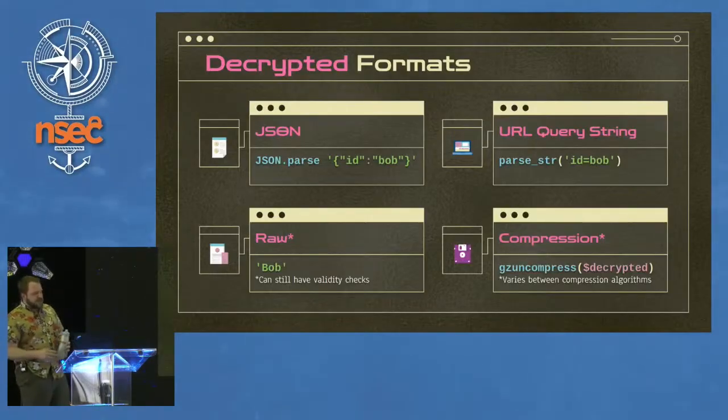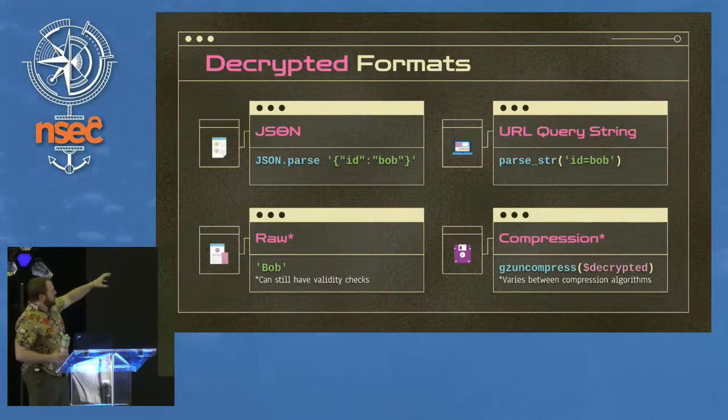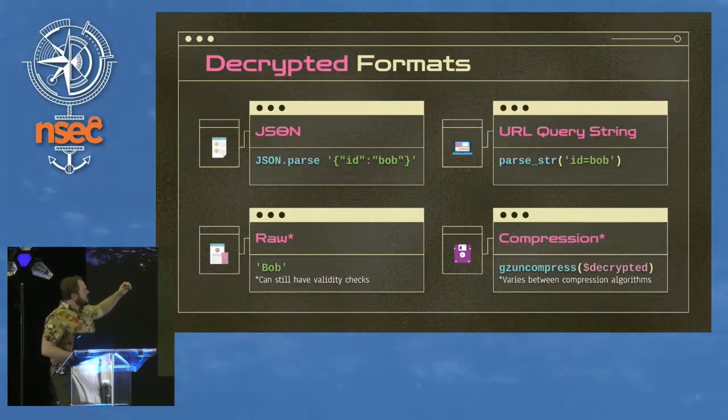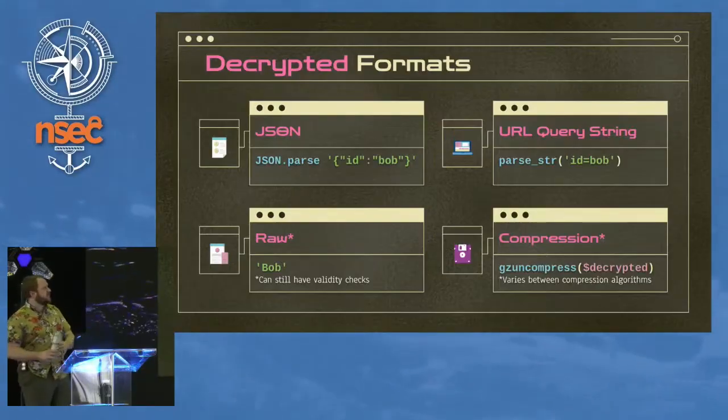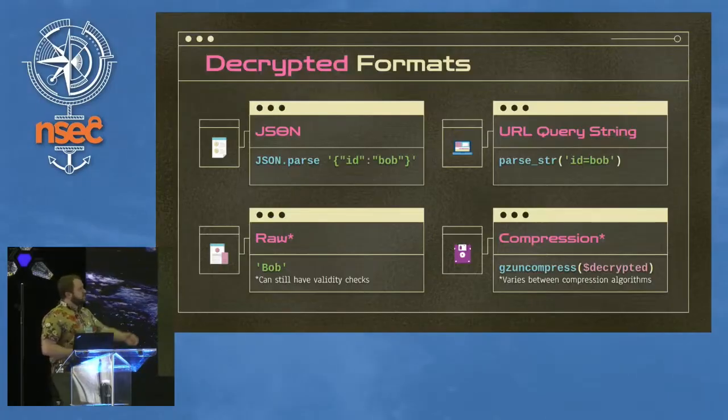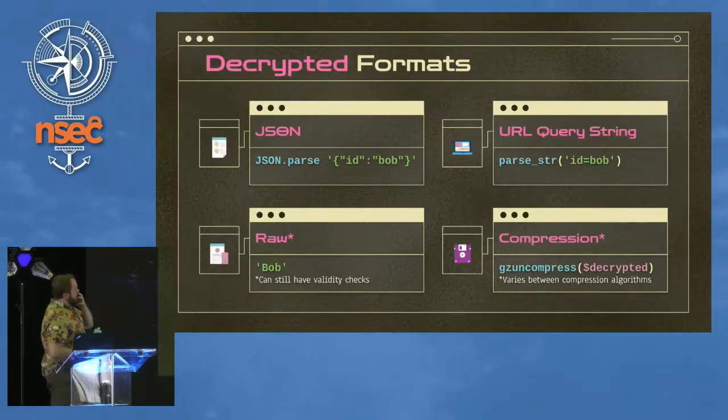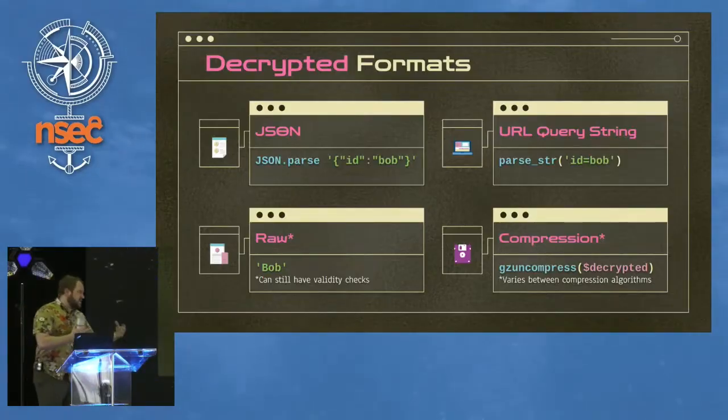What can they be? They can be anything. I'm not putting them all, but those are things I've seen. So usually it's JSON, it's encrypted, and then gets parsed again when it gets decrypted. It could be a URL query string. It could be raw, but the raw data will be used in some way, and we'll have, in some sense, raw data that is valid, raw data that is not valid.